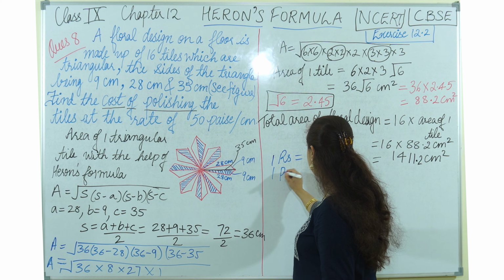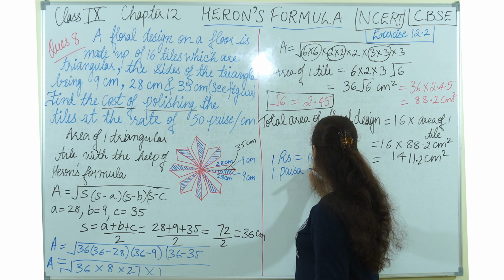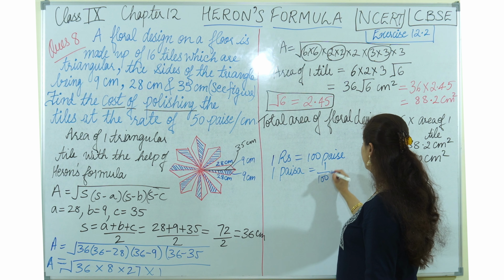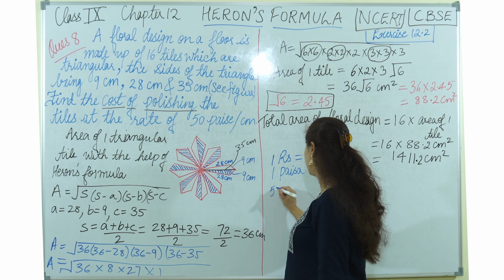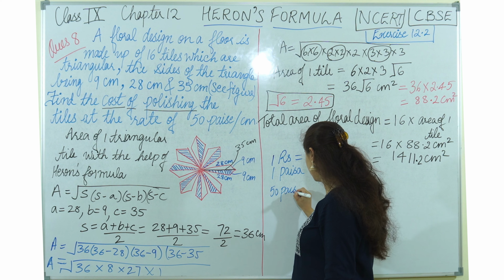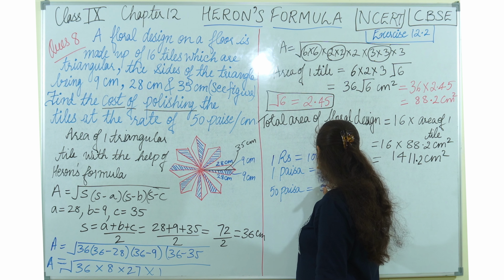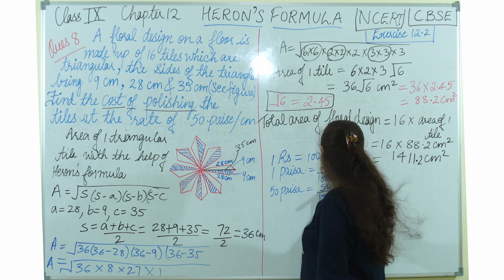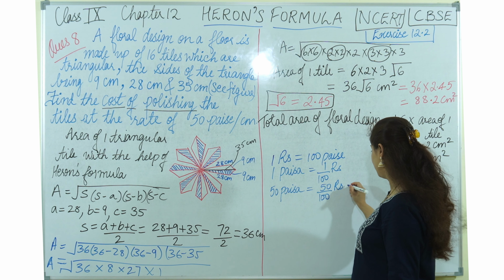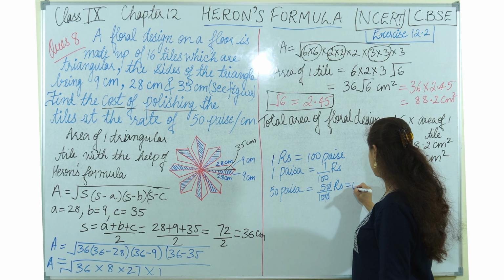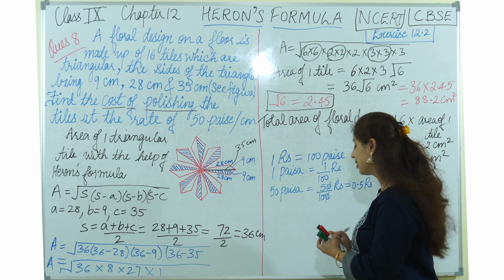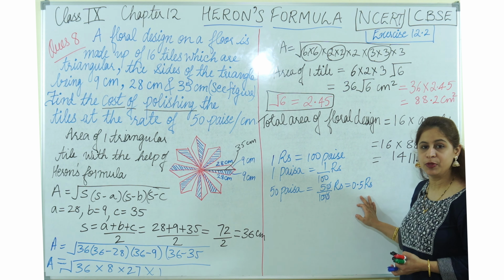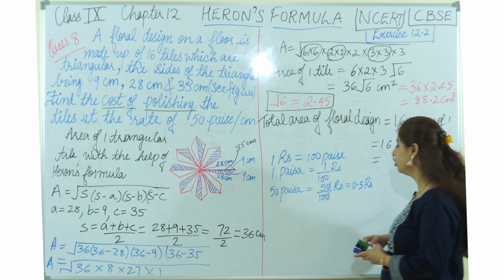So 1 paisa will be equal to 1 upon 100 rupees. Okay, so 50 paisa will be equal to 50 upon 100 rupees. So that means it will be equal to 0.5 rupees. So this is the cost per centimeter.